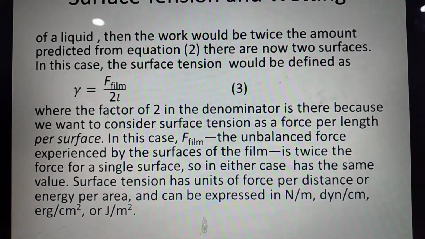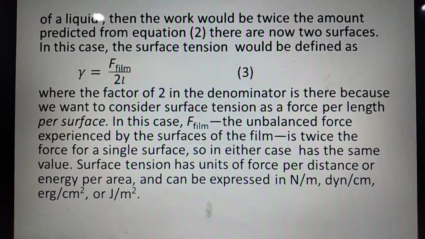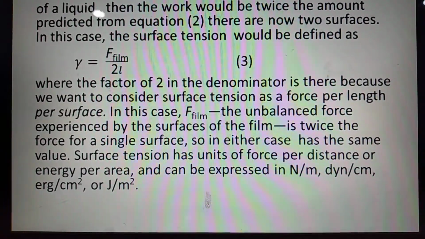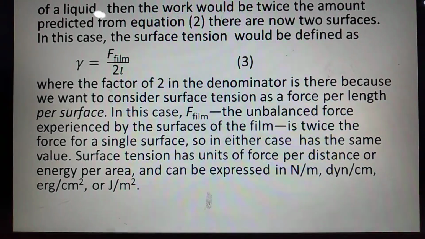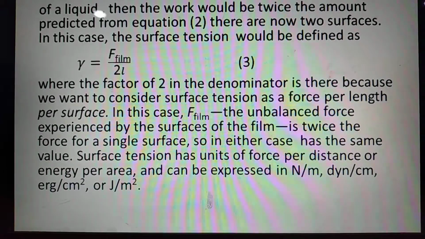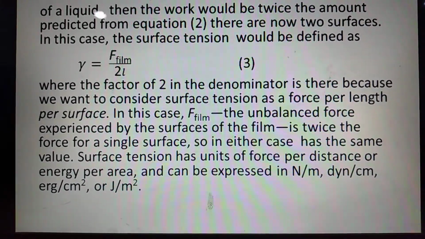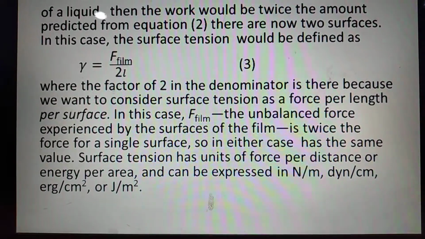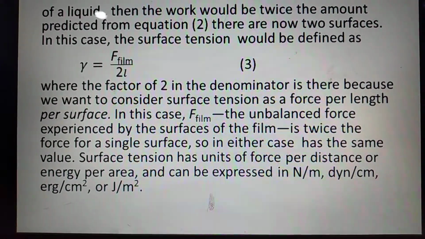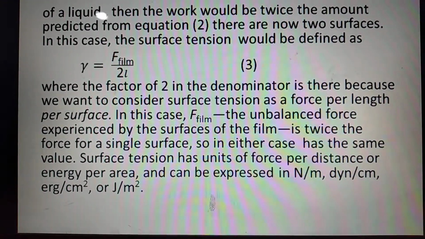In this case, the surface tension would be defined as gamma = F film over 2L. Here the factor 2 is in the denominator because we want to consider the surface tension as force per length per surface. So in the case of the film, the unbalanced force is experienced by both surfaces of the film, and twice the force of a single surface.